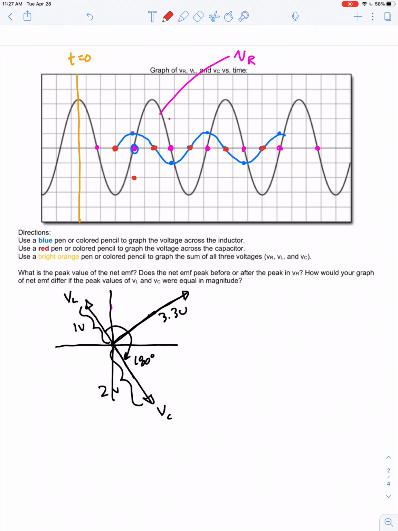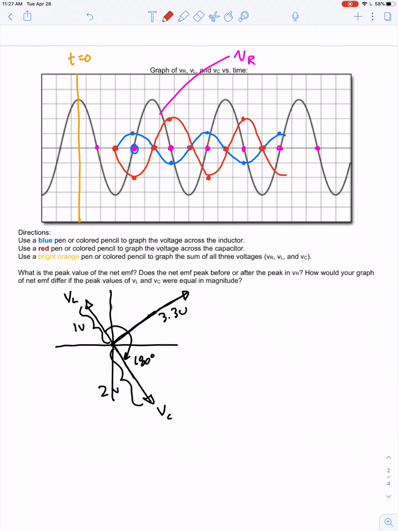Okay, so there's another one. There's another one here. And another one here. I think that's enough data points to fill in my graph. There we have it. So that's good enough for us to see how all the values are cycling together.